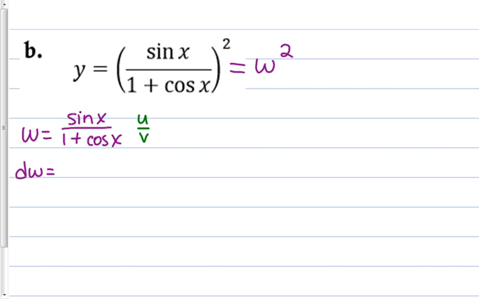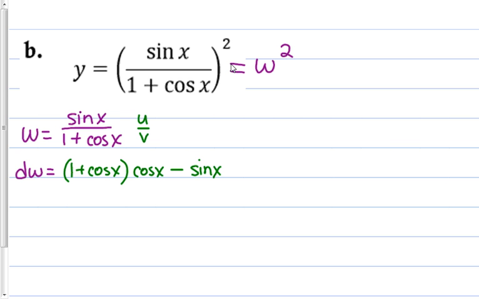So the derivative of that, okay, so that's v, so 1 plus cosine x, times u prime, so the derivative of u, which is cosine x, minus u, which is sine x, times v prime, which is the derivative of the bottom.